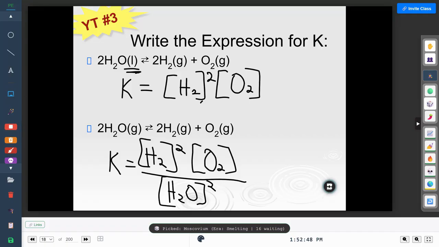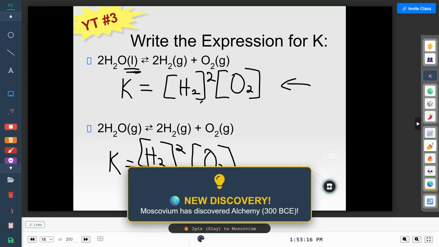And so on this one, we can say that the equilibrium constant is going to be affected by our water, whereas this one is not affected by the water, right? Because we could not include that one. So if our concentration here is bigger than 1, then this is going to end up being a smaller K than that K there. Okay, good job, Moscovium. Questions on that?